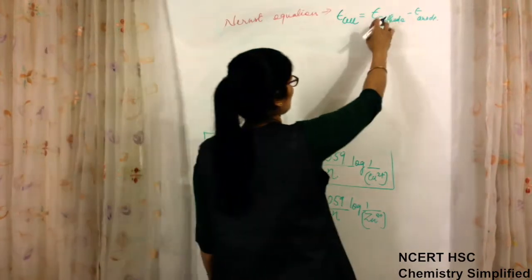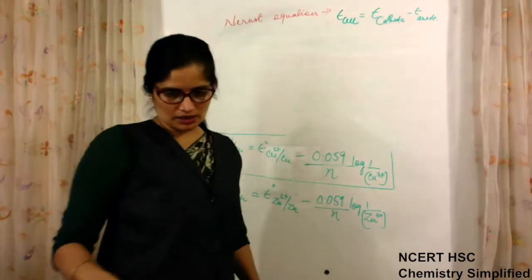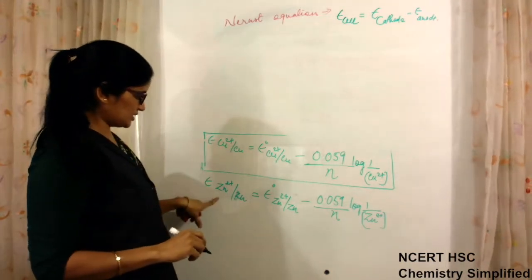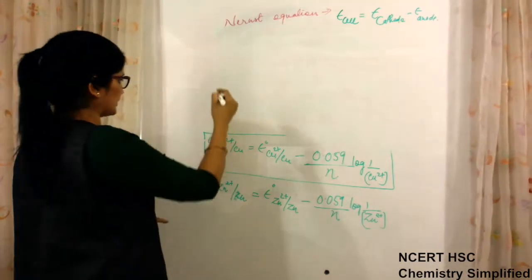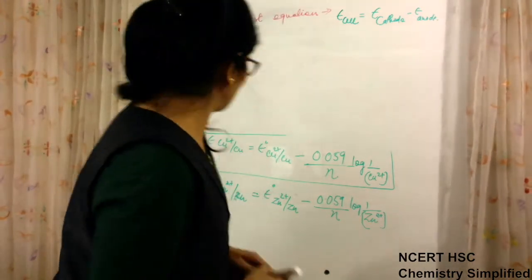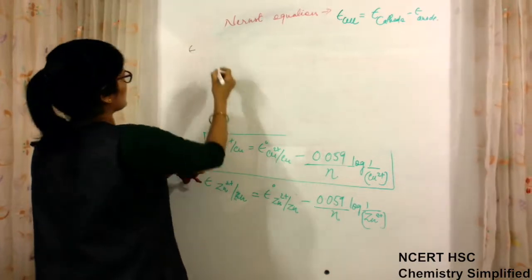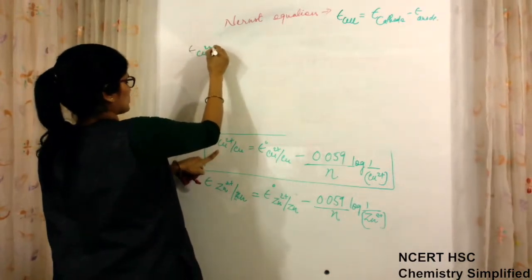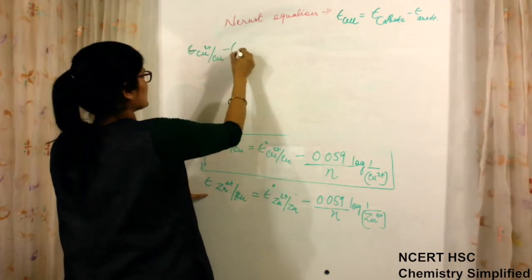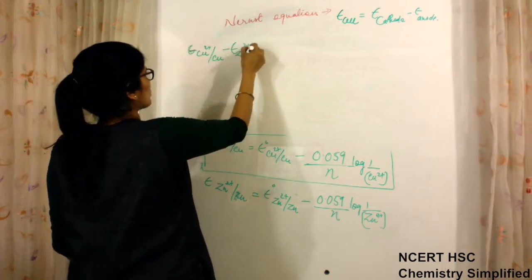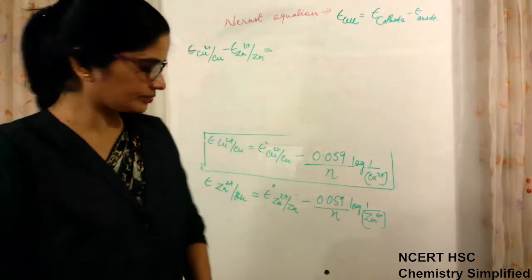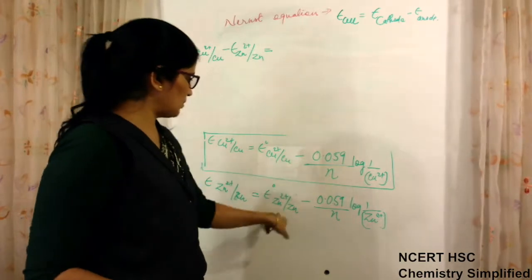So now E cathode is this, E anode is this. So we will write E cell is equal to E cathode, E Cu2 positive/Cu, minus E Zn2 positive/Zn, which is this minus this.